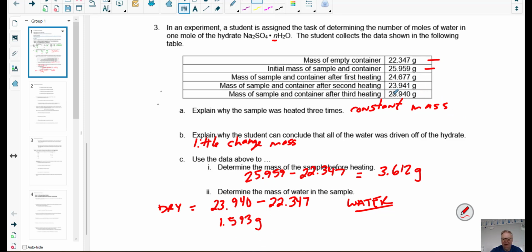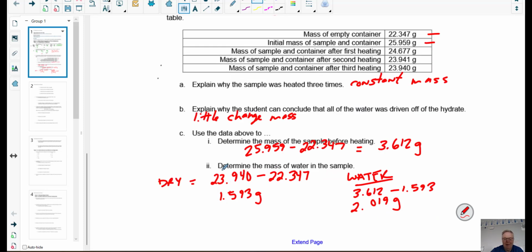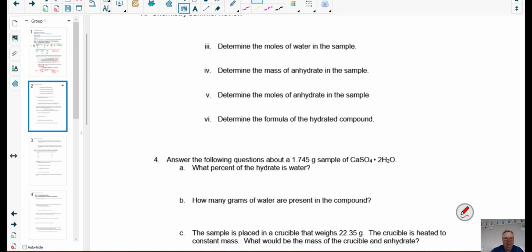So taking our last value minus the container gives me 1.593 grams of sample. Then we can subtract that out of the initial mass, so the difference between those two must have been the water. So the 3.16 minus the 1.593 must have been the water, or 2.019 grams of water.